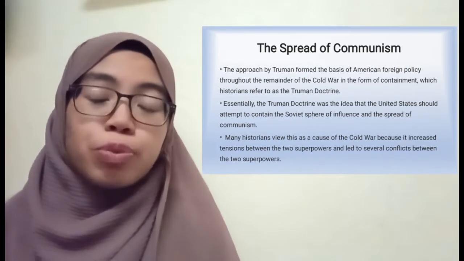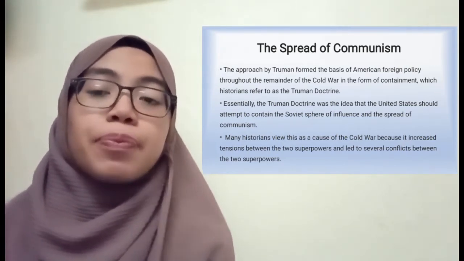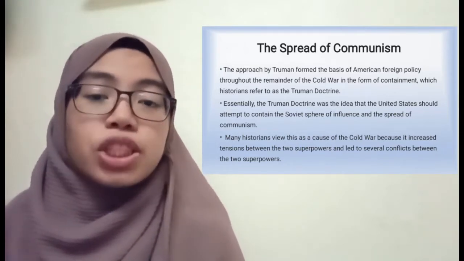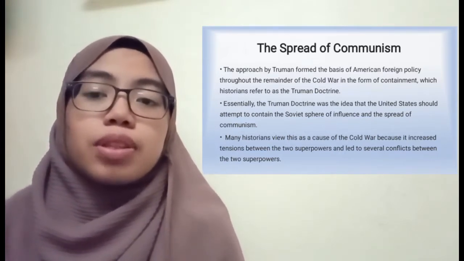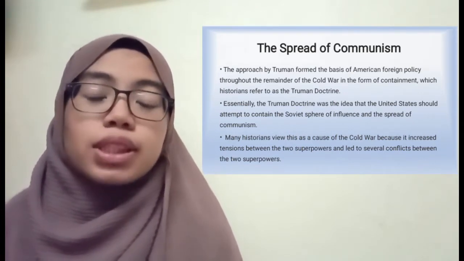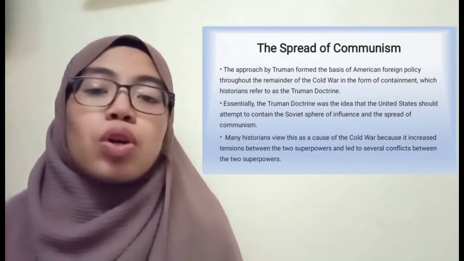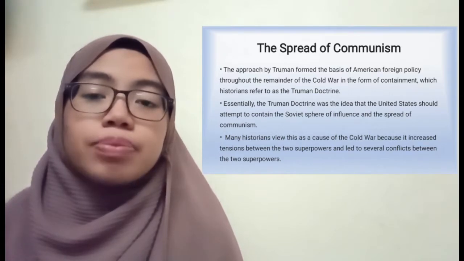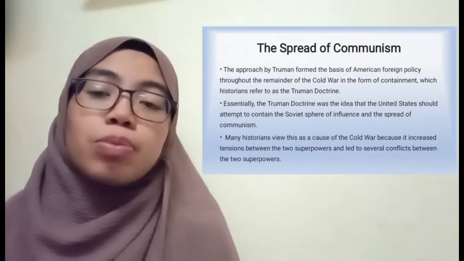The final cause of the Cold War was the American fear of the spread of communism around the world. The approach by Truman formed the basis of American foreign policy throughout the remainder of the Cold War in the form of containment, which historians refer to as the Truman Doctrine. Essentially, the Truman Doctrine was the idea that the US should attempt to contain the Soviet sphere of influence and the spread of communism.